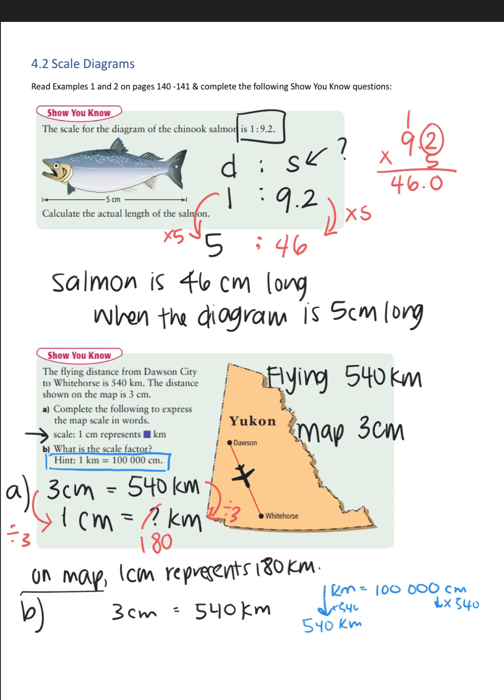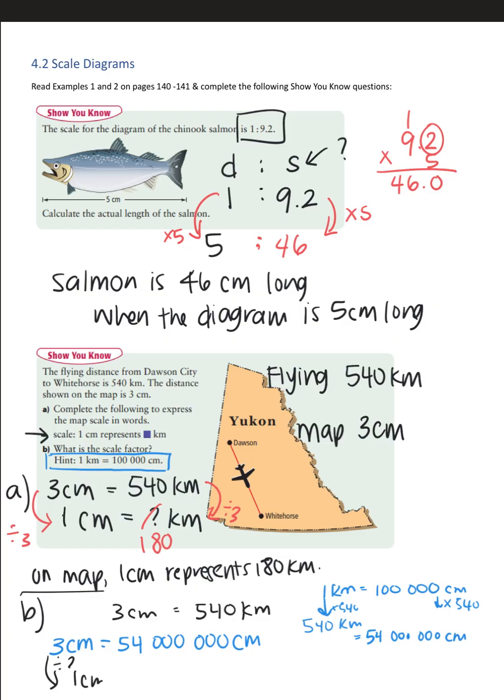When I do that, I now have, instead of representing it as 540 kilometers, I'm going to represent it as 54 million centimeters. Okay, so now I'm going to come back on the left here. I'm going to come back to 3 centimeters is equal to 54 million centimeters, and I want to be reduced back down to 1 centimeter.